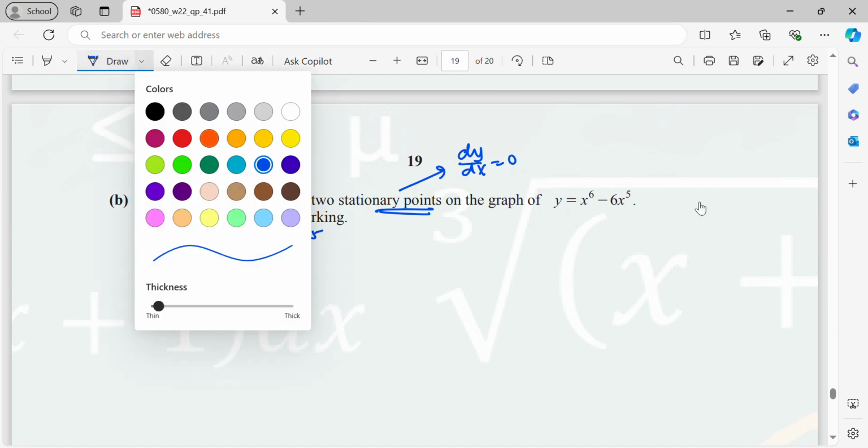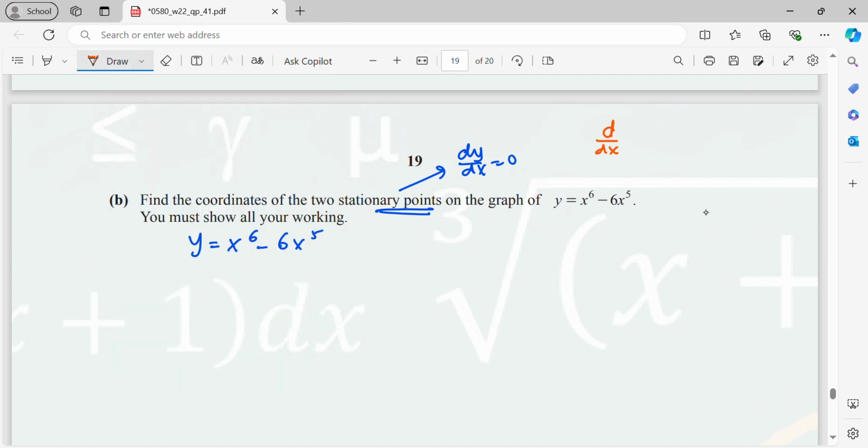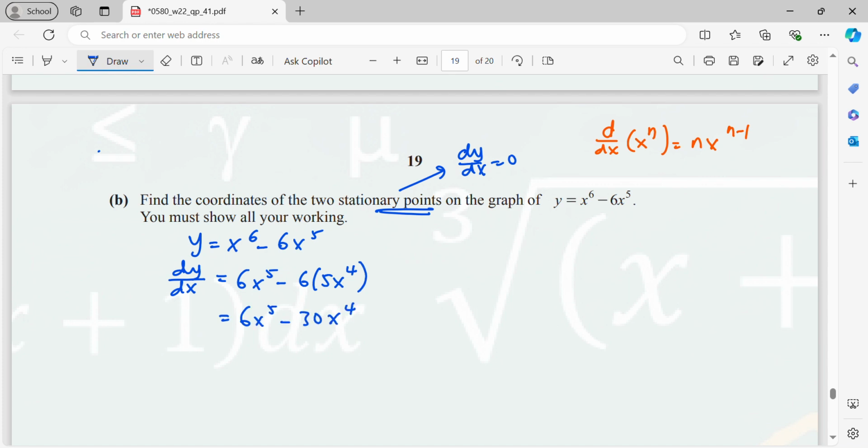When you differentiate x^n, that is nx^(n-1). So I bring down the 6. Now my dy/dx is 6x^5 minus 6 times 5x^4, which is 6x^5 minus 30x^4.